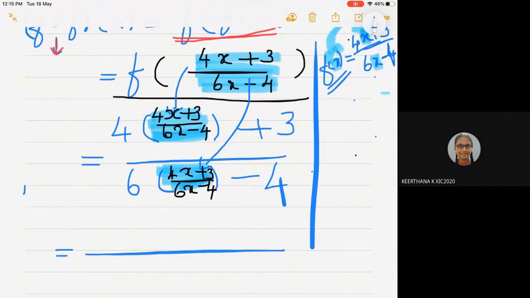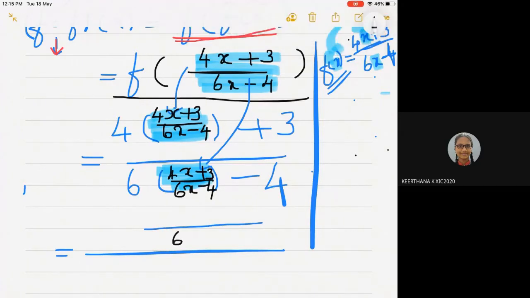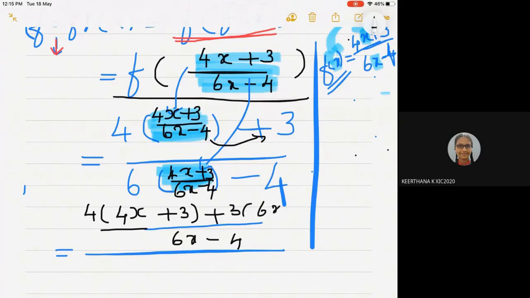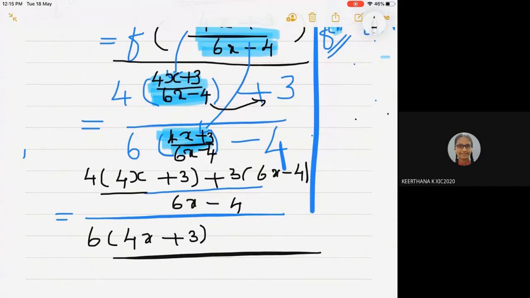Your LCM is 6x minus 4 in both the places, 6x minus 4, and here it will become 4 into 4x plus 3 plus, you will be multiplying with this here, 3 into 6x minus 4 divided by 6 into, here also your LCM is 6x minus 4, then minus 4 into 6x minus 4.